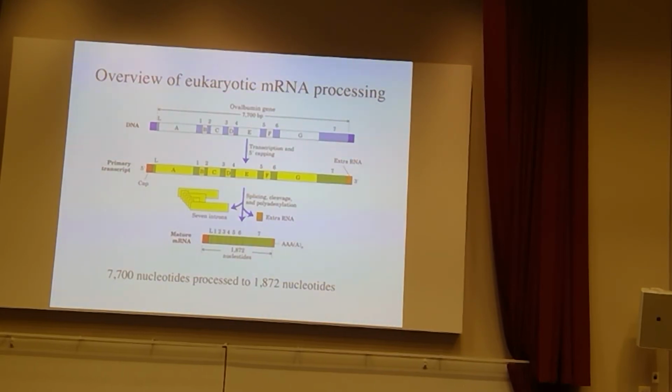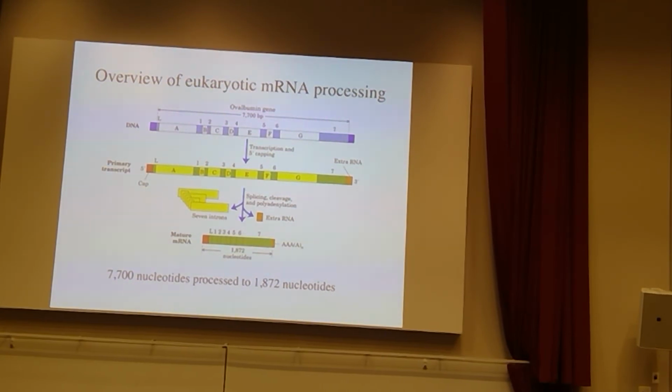So this is very straightforward. There's one gene, ovalbumin, that encodes one mature mRNA product to make one particular protein, ovalbumin. We've commented before that it's remarkable that there aren't too many genes in the human genome, but there's actually quite a number of protein products.